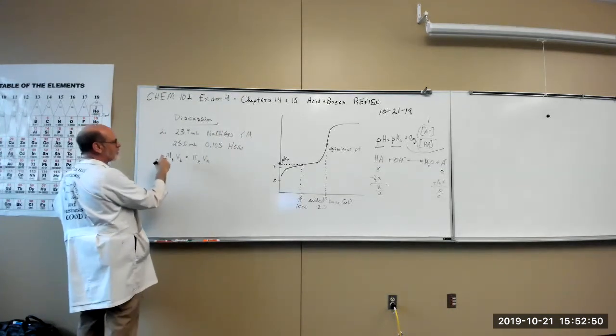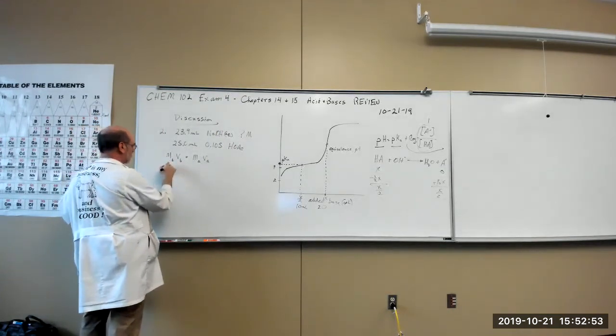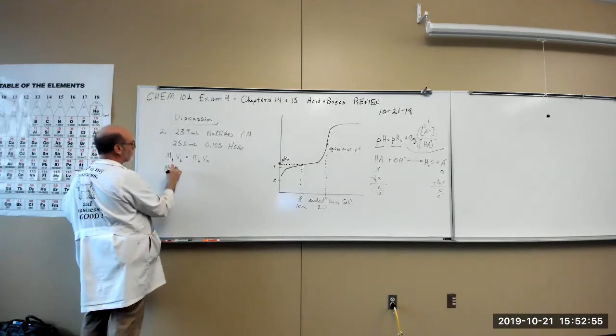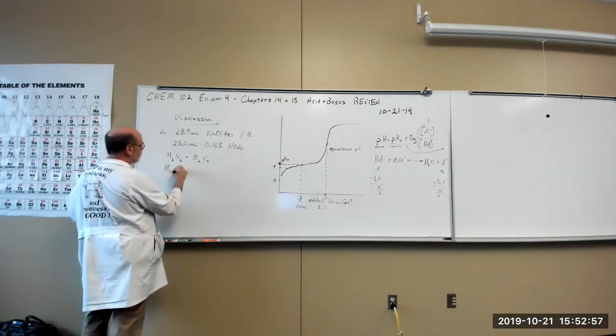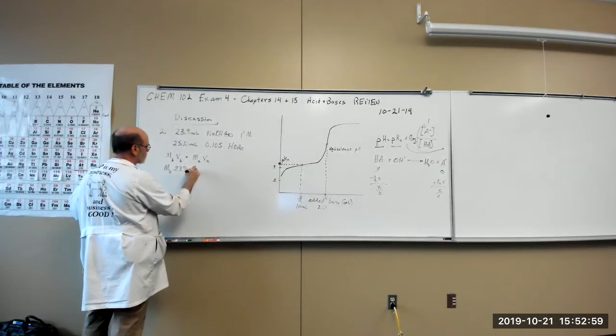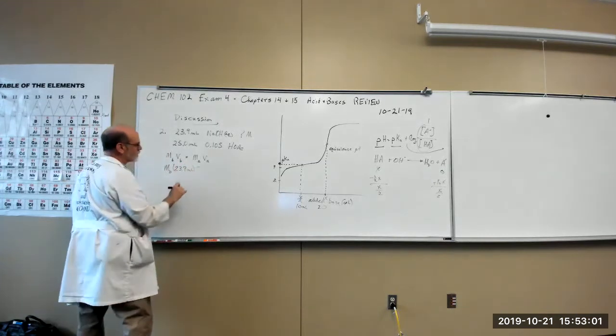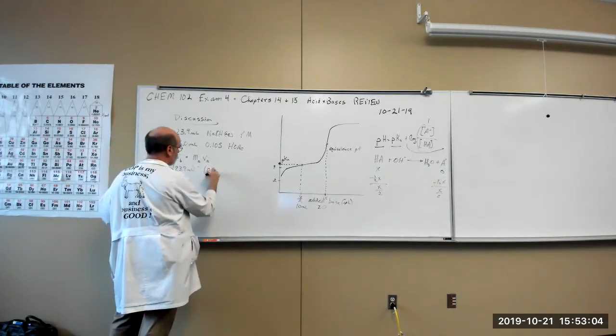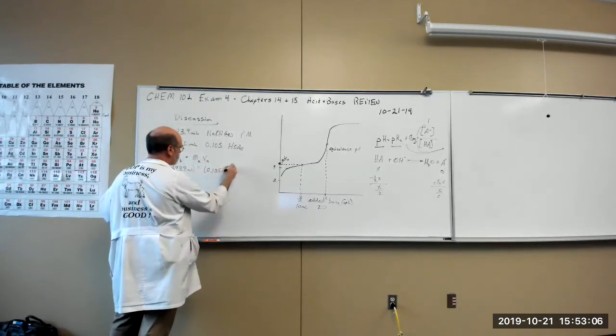So the molarity of the base is our unknown. The volume is 23.9 milliliters, and that's equal to the molarity here, 0.105, and 25.